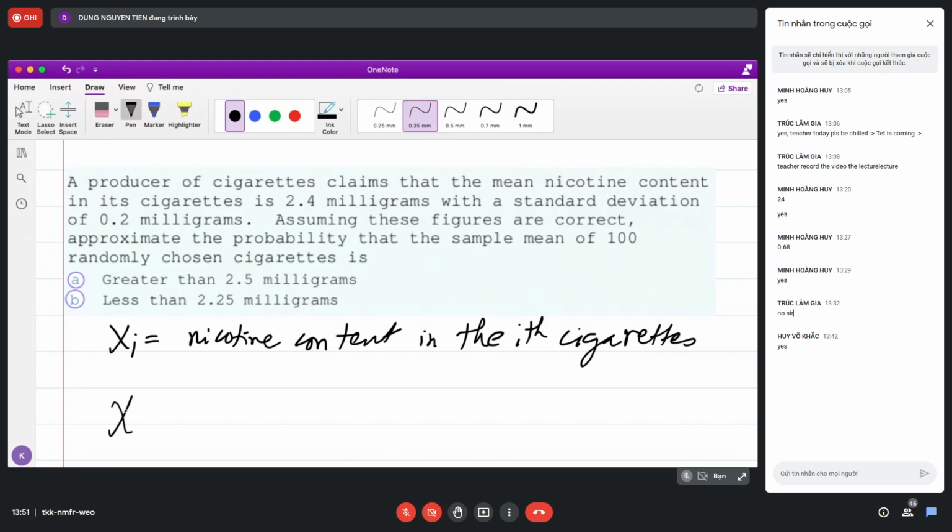Then you want to deal with the average value, which is the sum of xi over 100.